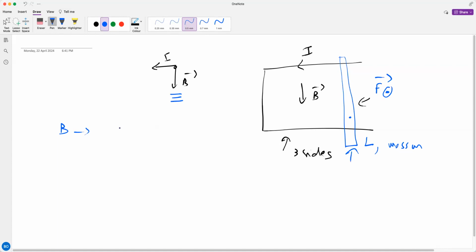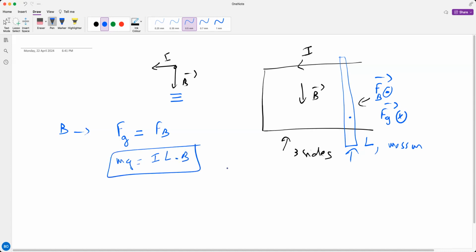Obviously, the force of gravity, going into the page if we look from the top, and the magnetic force, pushing it to the top, must be equal. So mg must be equal to I L B, and you solve the problem.